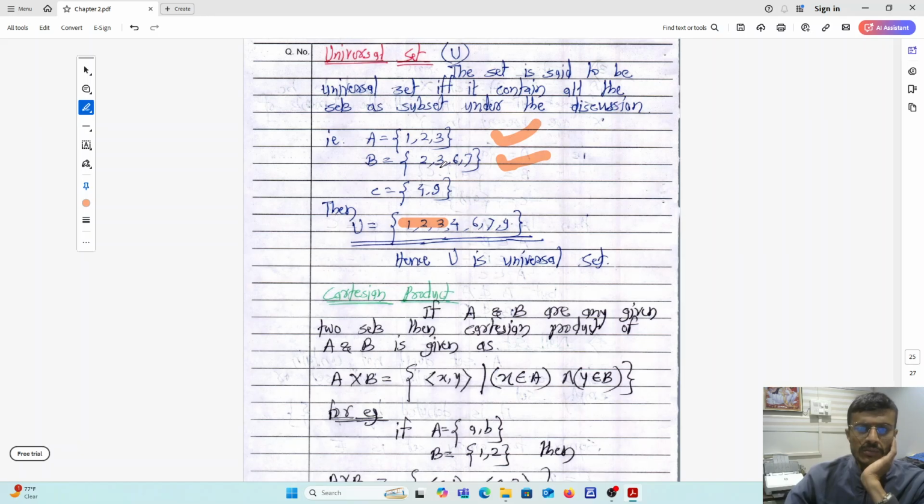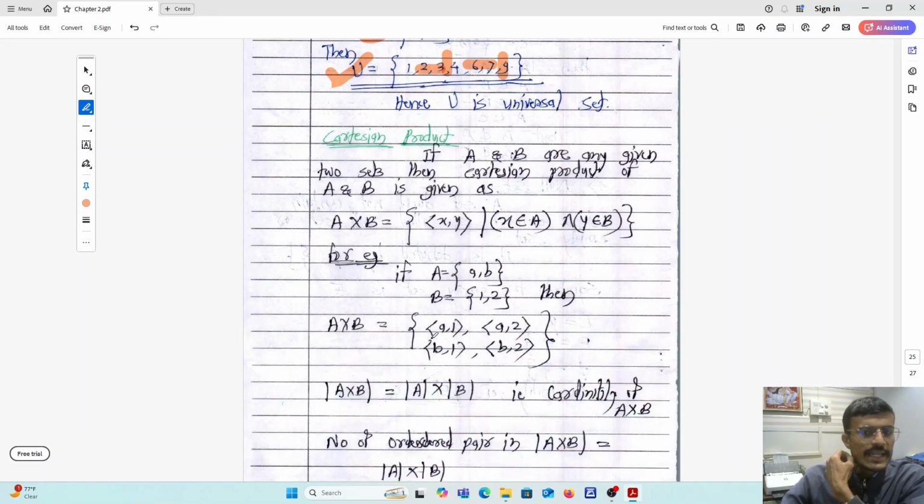B is equal to {2, 3, 6, 7}. That 2, 3 is here and 6, 7 is here. Okay, means B is also included. And talking about C, 4, 9 is also included. So that's why you can say all the elements of A, B and C belong to set capital U, that is nothing but the universal set. It is represented by capital U or capital E. Okay, so the universal set is the superset under discussion which covers all the subsets.